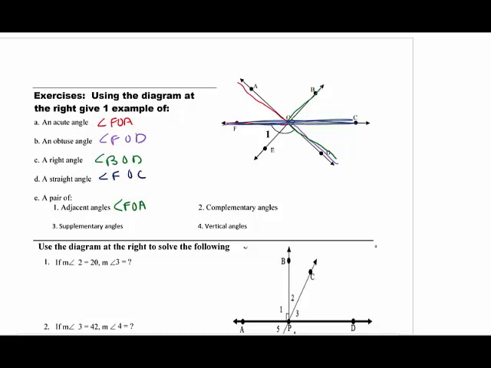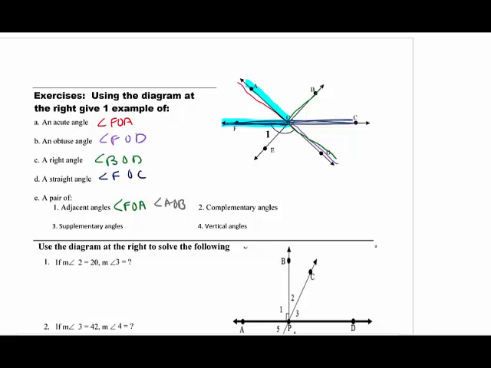If I use FOA, I have two options: angle FOE, or angle AOB. It doesn't matter.